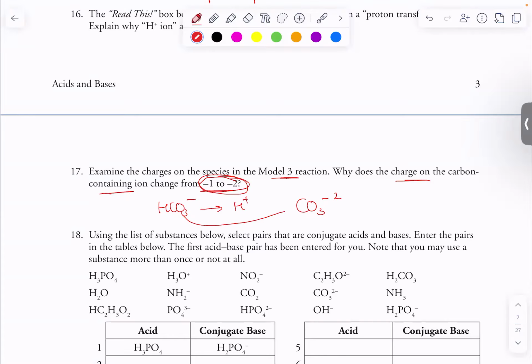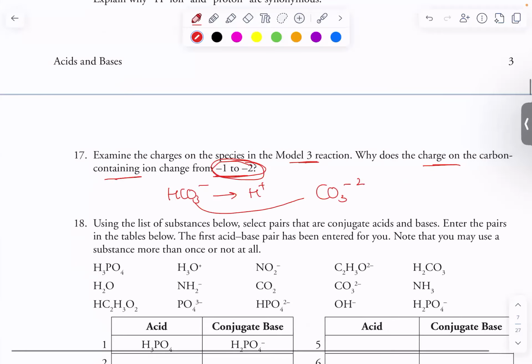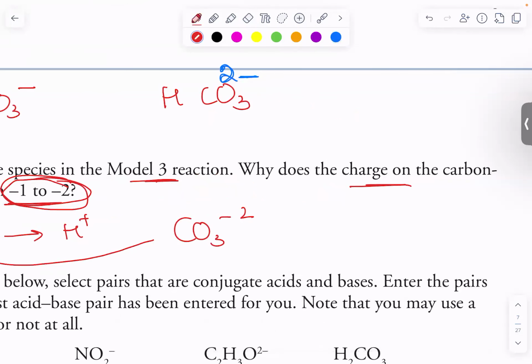Is it all clear? Yes. If you want me to explain it, so it is HCO3 negative. Originally it was what? Originally it was H and CO3 2 negative. Do you remember? I always tell you to go from the original value. What would be the charge on hydrogen? Plus one. Yes or no?